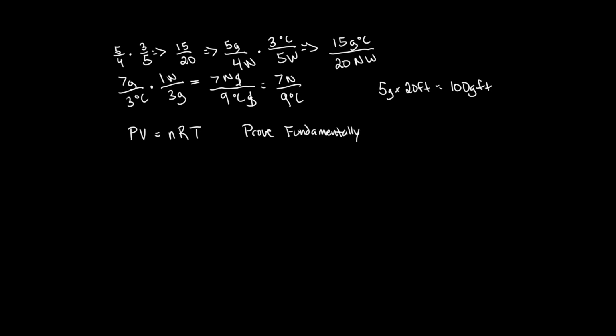And this was invented in like the 1830s by a French physicist named Emile Clapeyron. It's really cool to me, at least. I don't know if it'd be cool to you guys, but it's cool to me because he used a bunch of different laws, like Boyle's law, Charles's law, and Avogadro's law, which we're going to do a whole section on later. He used all these different laws to really come to the conclusion that PV equals nRT. So we're going to prove fundamentally that this equation would work.